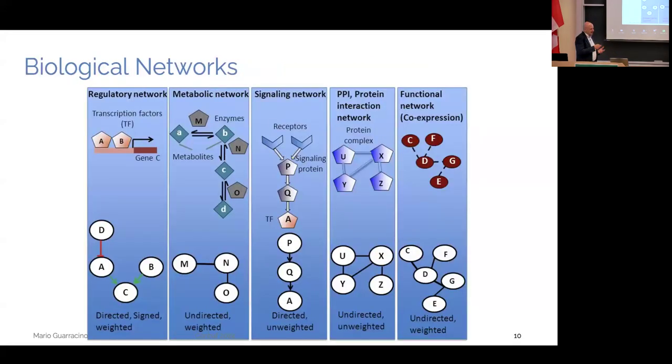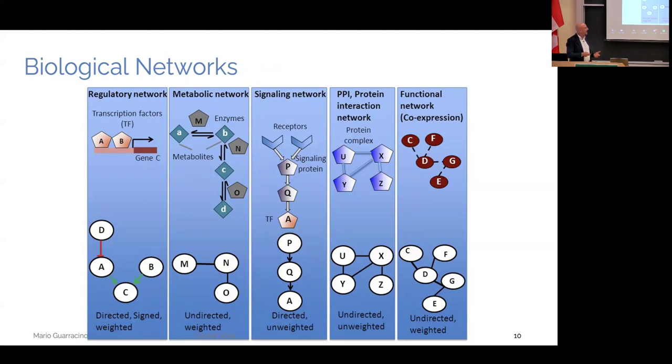There are many different examples of this. For example, in our DNA there are genes. Genes are encoded in our DNA. Genes produce a molecule that is called the transcript.